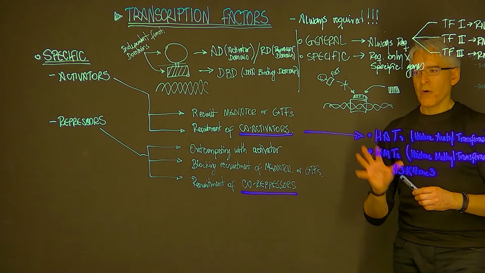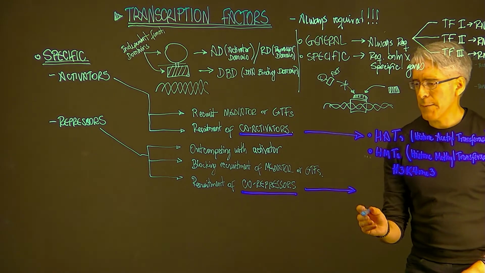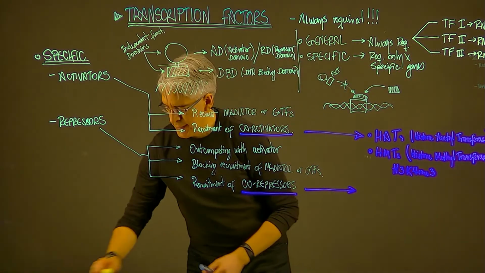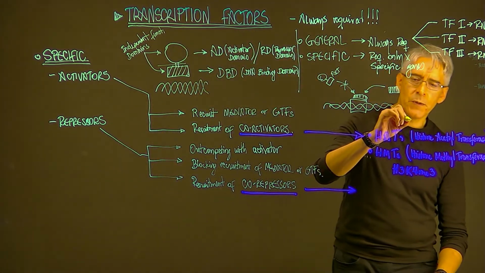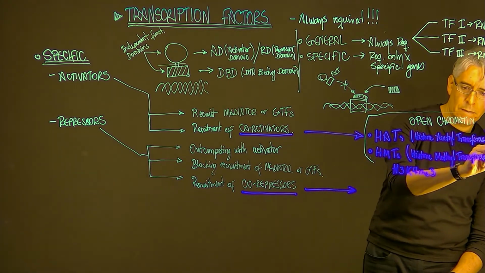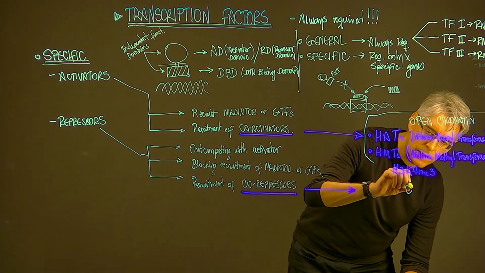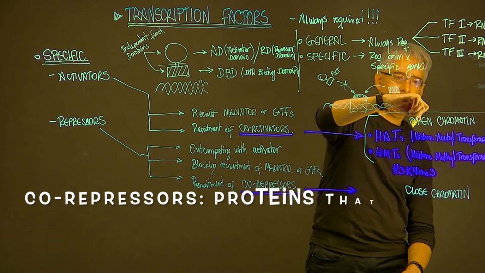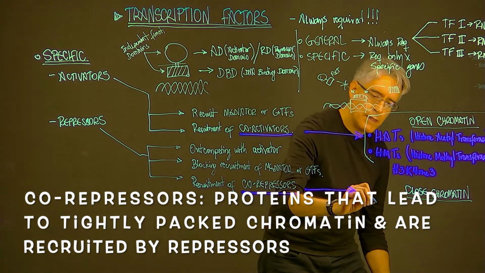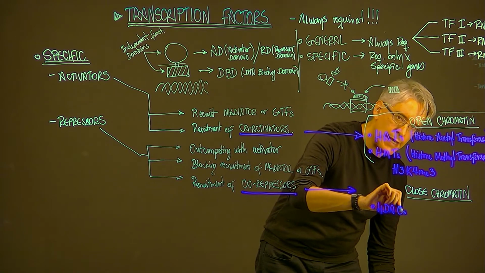All right, so co-repressors, on the other hand, are the kind of factors that will lead to a more closed chromatin structure. Let's put that here to make the difference. So these promote an open chromatin structure, whereas the co-repressors will promote a closed chromatin structure. And within the co-repressors, we have the histone deacetylases, or HDACs.